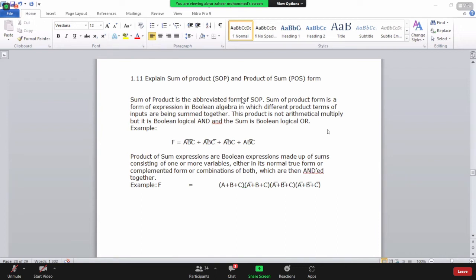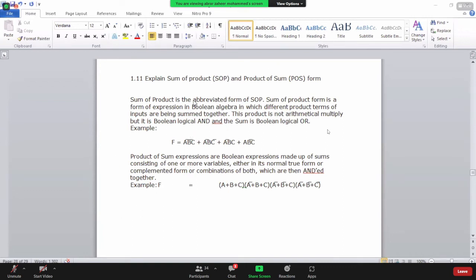These are the sum terms, and these sum terms are multiplied together to form the product of sum. So an example of product of sum is F is equal to A plus B plus C into A bar plus B plus C into A bar plus B bar plus C into A bar plus B bar plus C bar. This is the example of the product of sum.